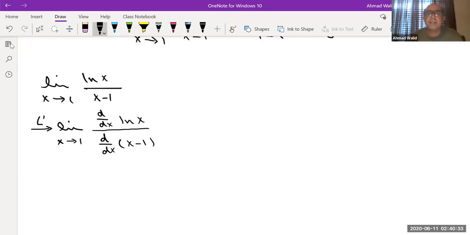But in the first and second examples, I'll show you this notation, correct? Now it's equal to the limit as x approaches 1. What is the derivative of ln x? You just learned in 6.4 or 6.5 when we were dealing with ln x, the derivative of ln x is 1 over x. The derivative of x minus 1 gives you 1. The d/dx of x is 1 and d/dx of 1 is 0. It means it gives you 1 minus 0, which is 1.